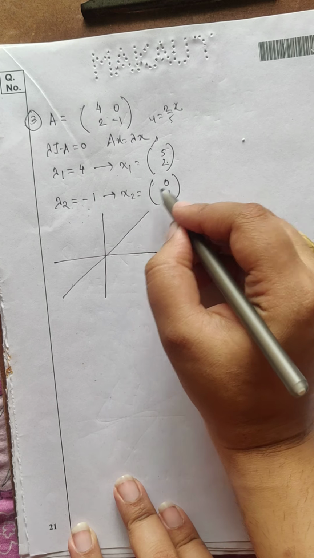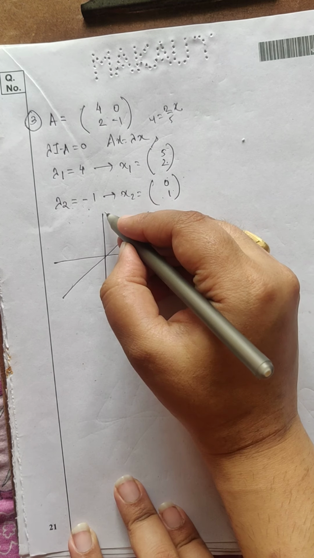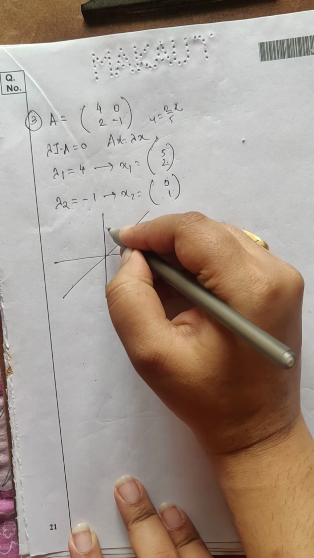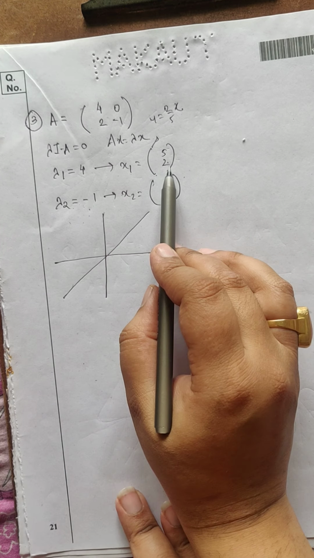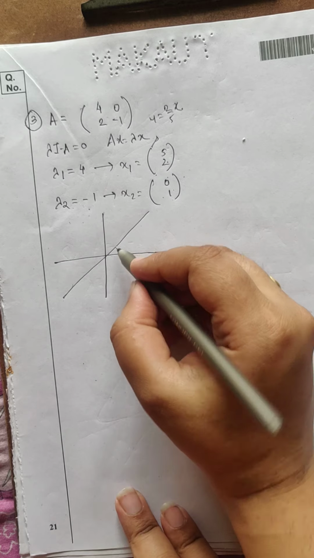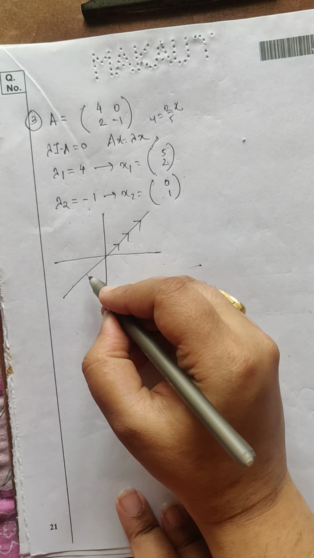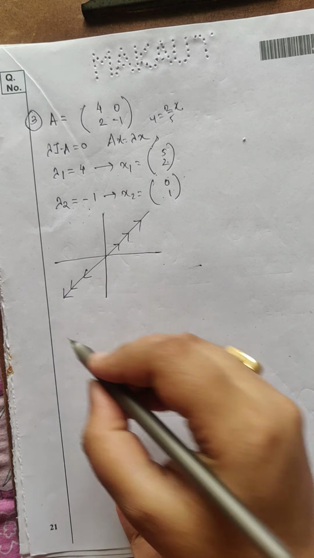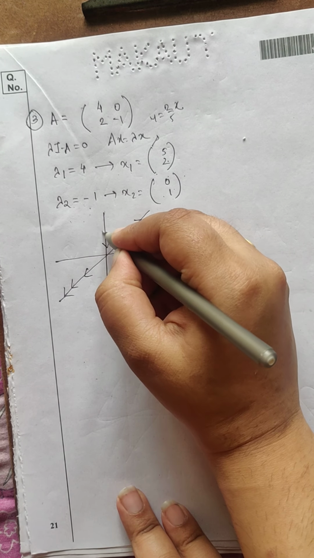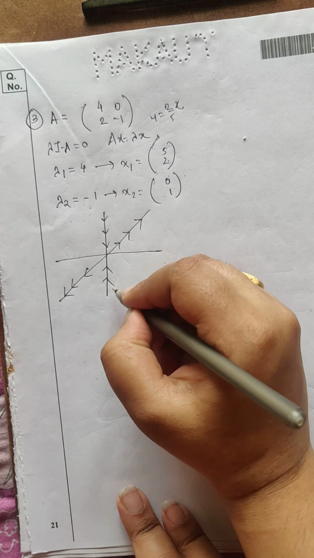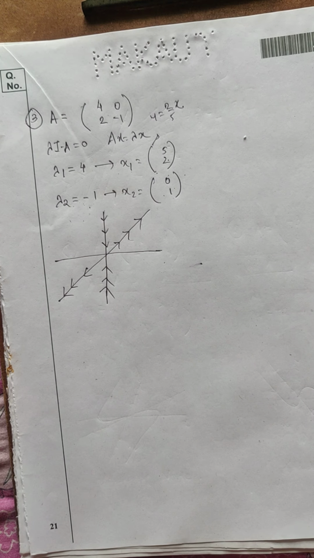Another one, x2 equal to 0, so it will follow this particular plane. When I have this expression, it is positive. Positive means the arrows will be away. And the one which is negative, these arrows will be converging towards my origin. So this is what my curve looks like.